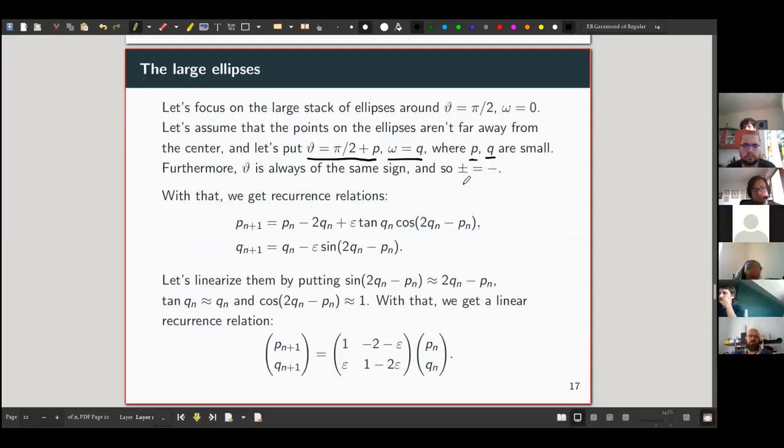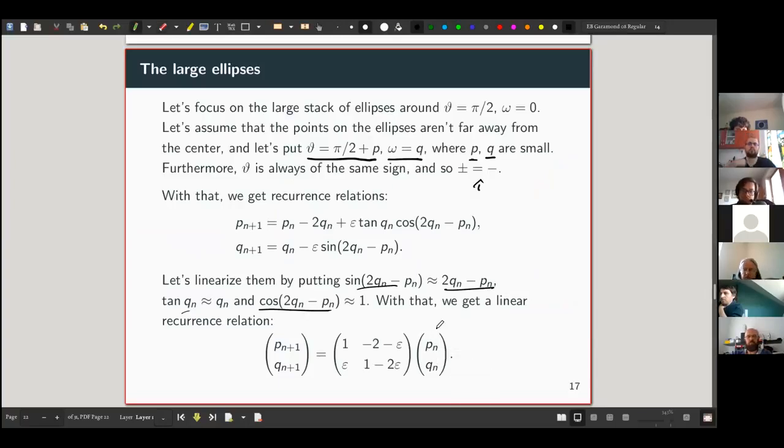And so we can just choose the minus sign for the plus or minus, which means that we don't jump. And after we just do this and linearize by just substituting the arguments for sines and tangents, just saying that the cosine is equal to 1, we get a nice linear recurrence relation that looks like this.